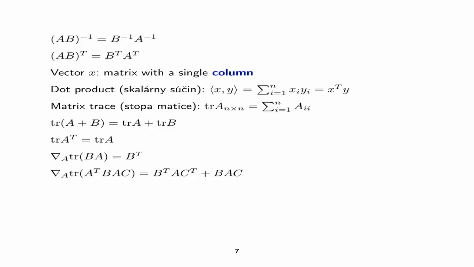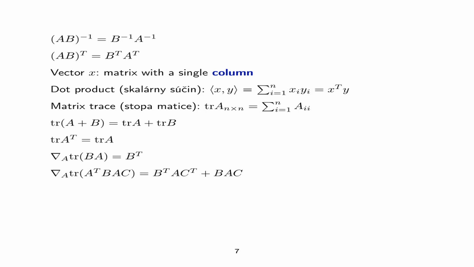Now I am going to use something called the trace. Basically, the trace of a matrix: you go through the diagonal of the matrix and you sum all of the values. That's the trace. There are some interesting things that go on with traces and derivatives.